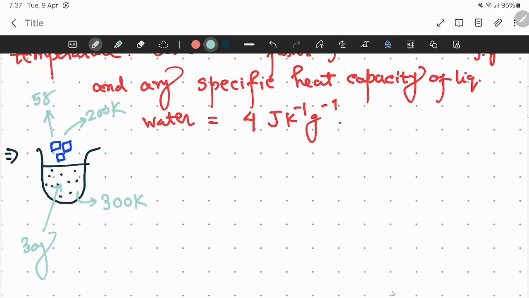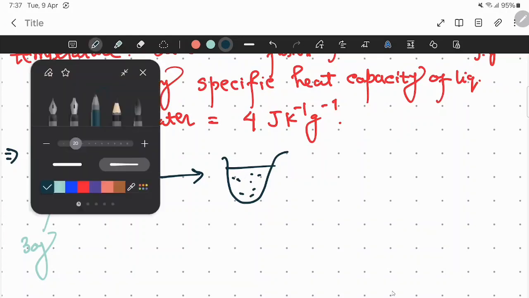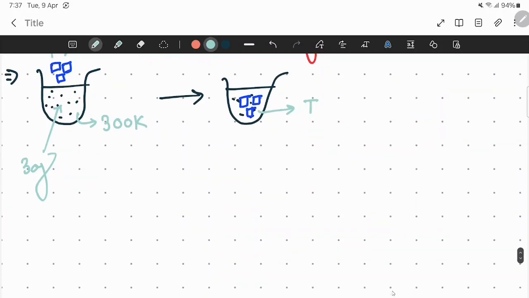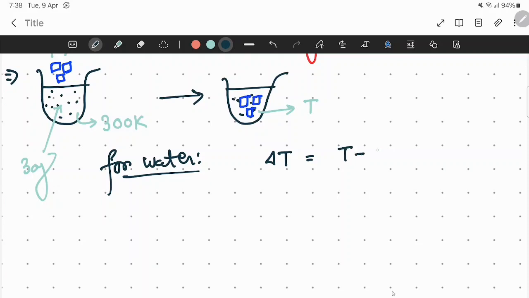Obviously, then it will equilibrate to some temperature, let's say T. So for water, change in temperature delta T is T minus 300.